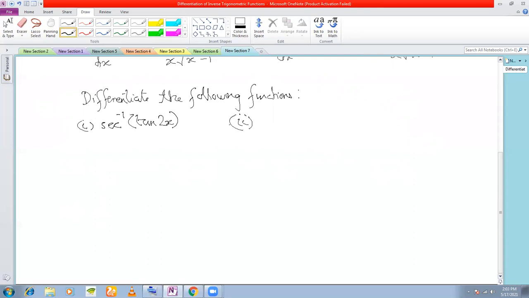Second is sin inverse(a plus b cos x). Third one is x cos inverse x divided by root(1 minus x square).